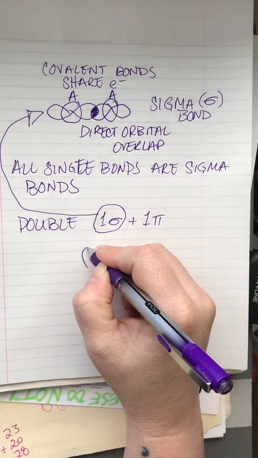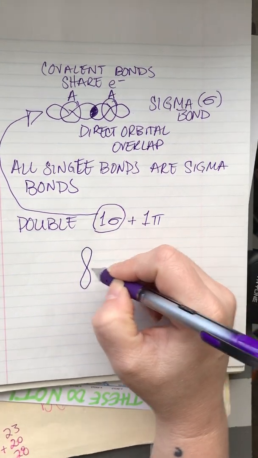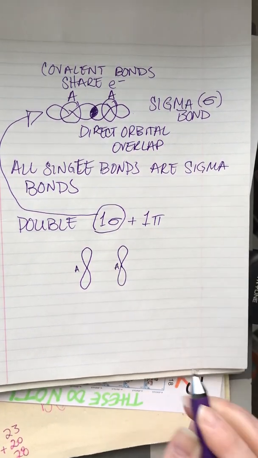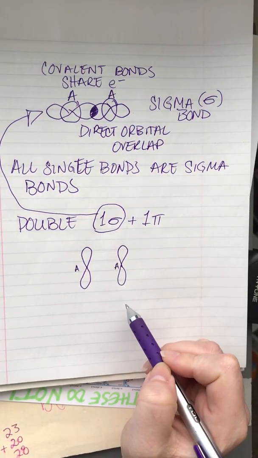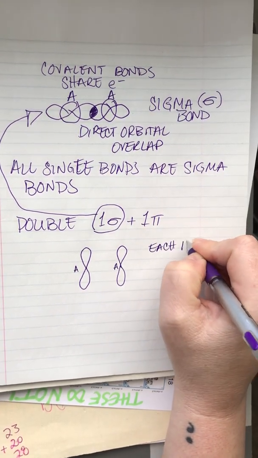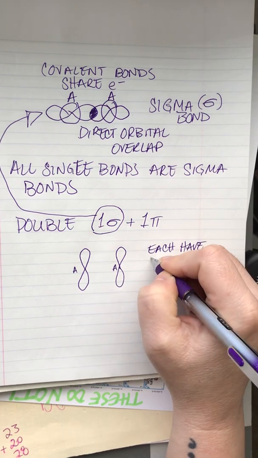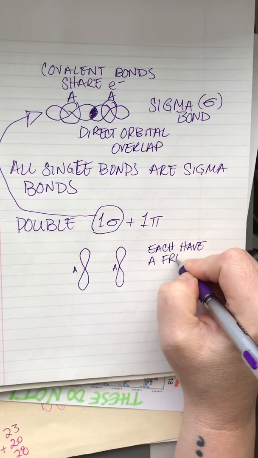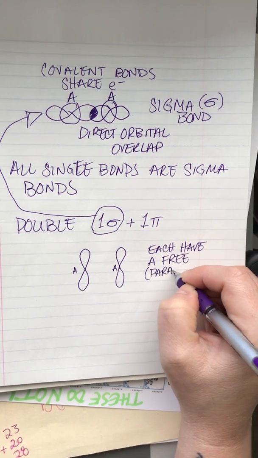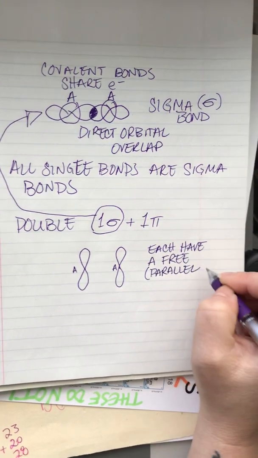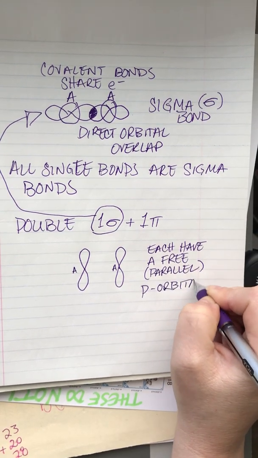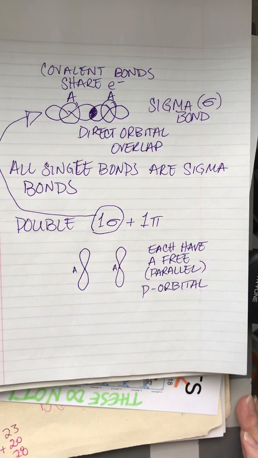The pi bonds result from having two atoms next to each other that each have a free parallel p orbital, right?